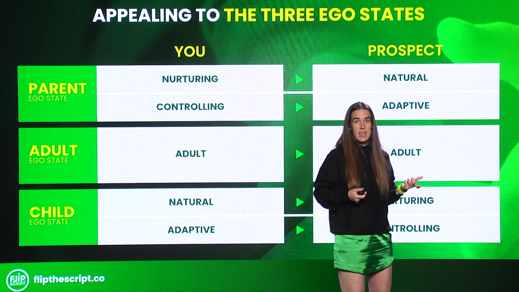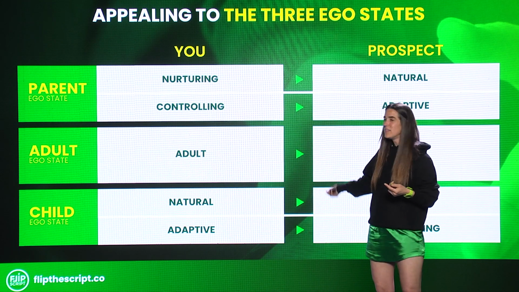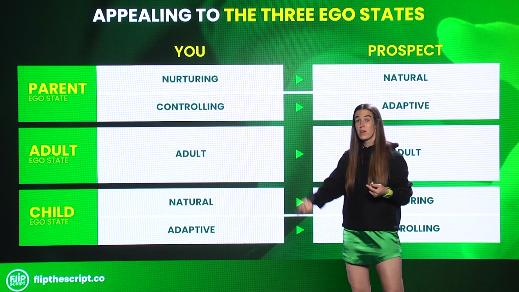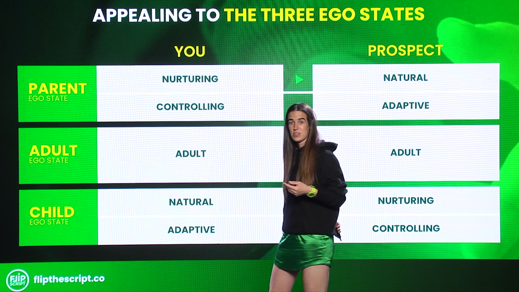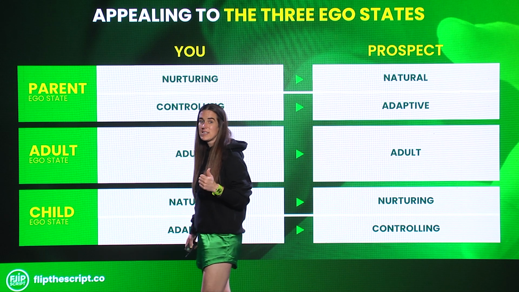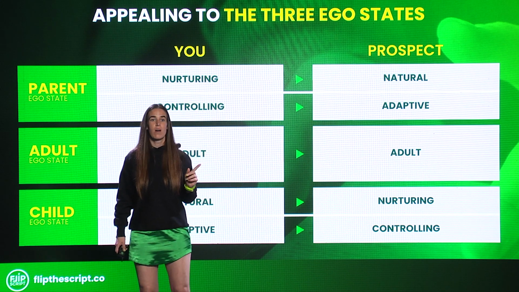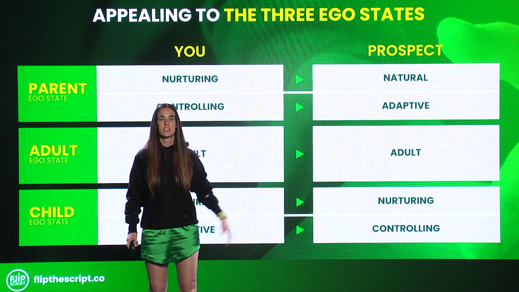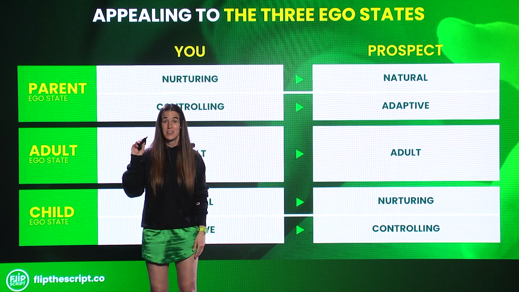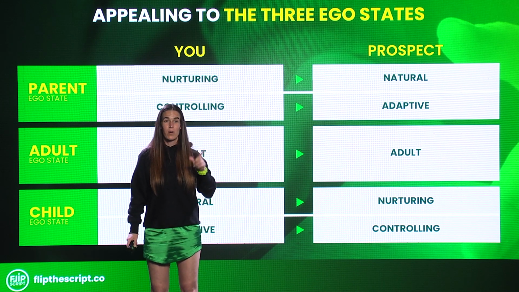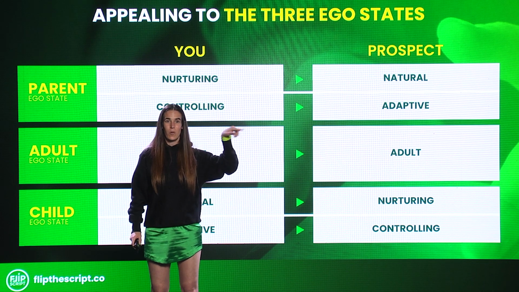The other case: if I'm in child, then I'm going to flex your prospect into parent ego state, and they're more likely to say the one word that parents say more often to their kids than any other word in the English or any kind of language dictionary. And that word is no.